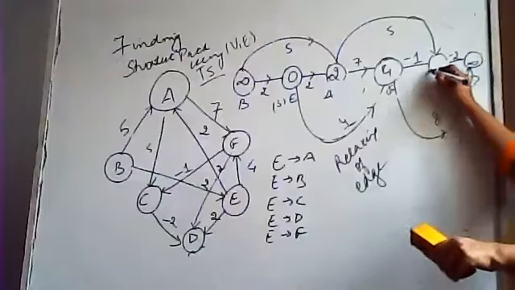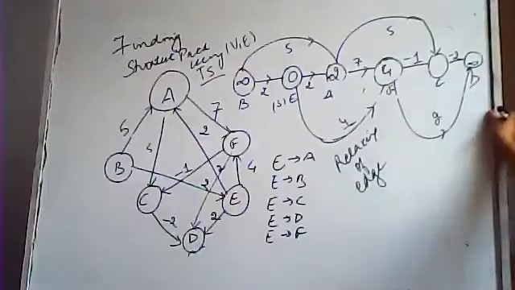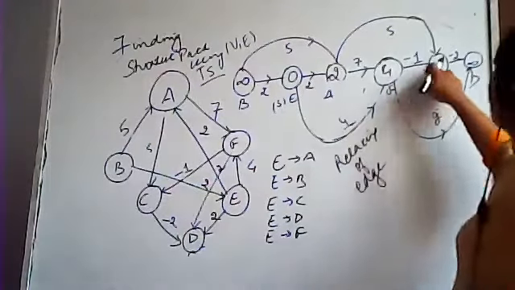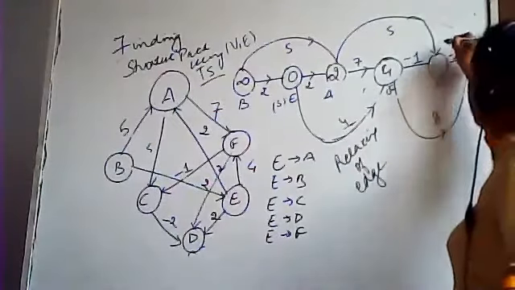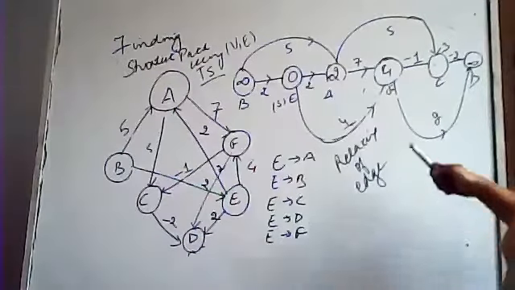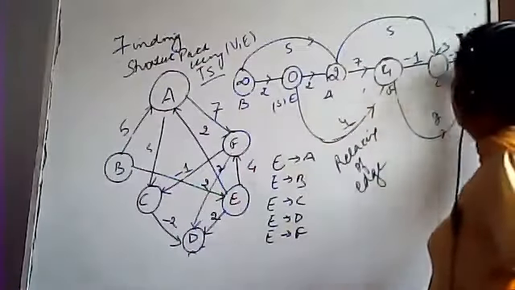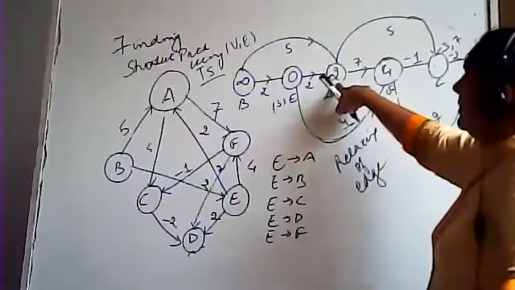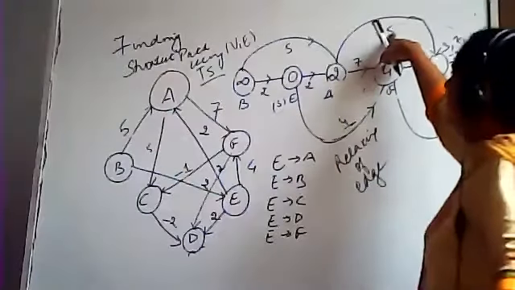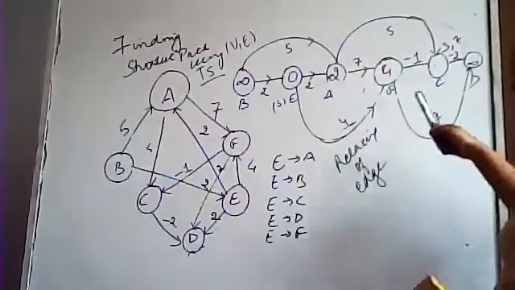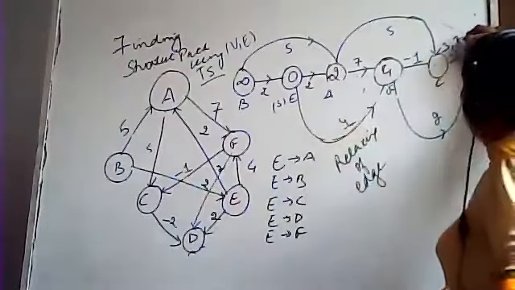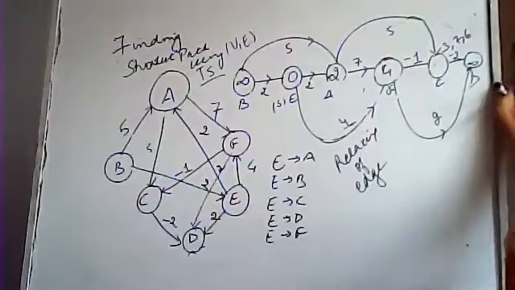We have to find the value from f to c. 4 minus 1 would be 3. Okay. Here it is 2. 2 plus 5 would be 7. From here 7 minus 1 would be 6.